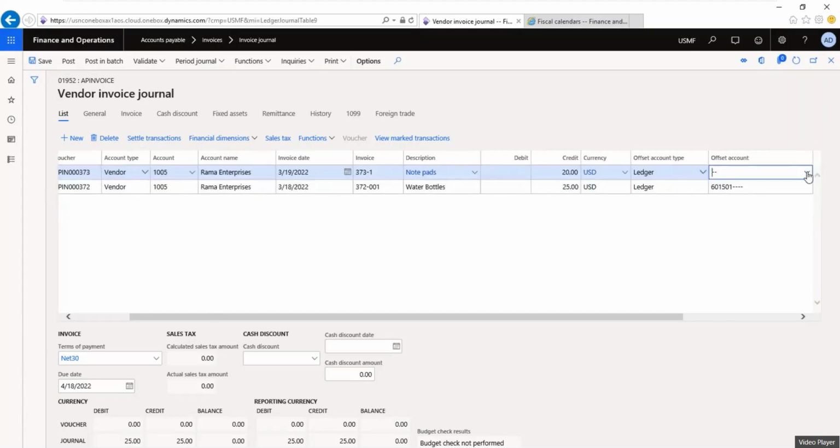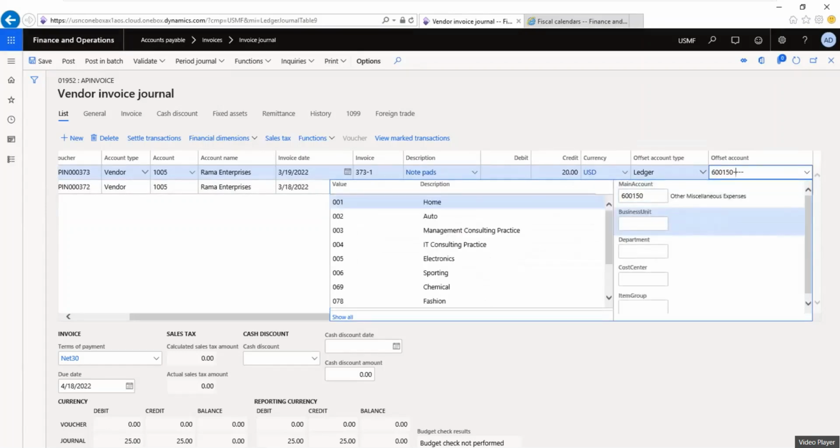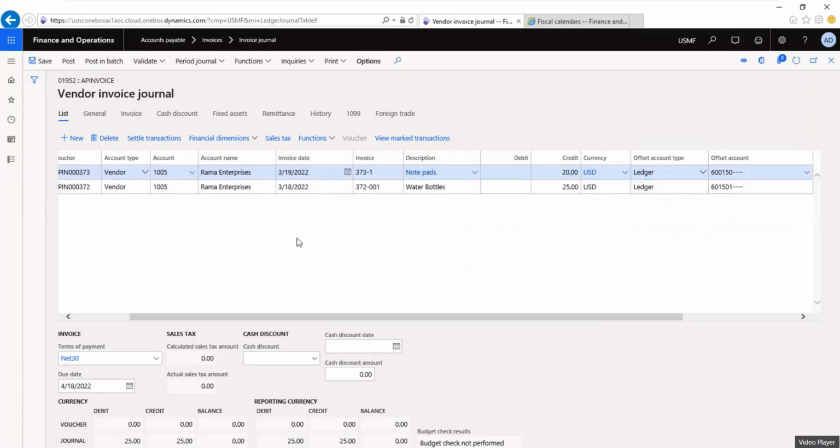Notepads expenses, some expenses I need to enter. Okay, now I'm saving. Look at this one. The first line is $20. The selected line is $20, so debit, credit, $20. But the entire amount is $45.